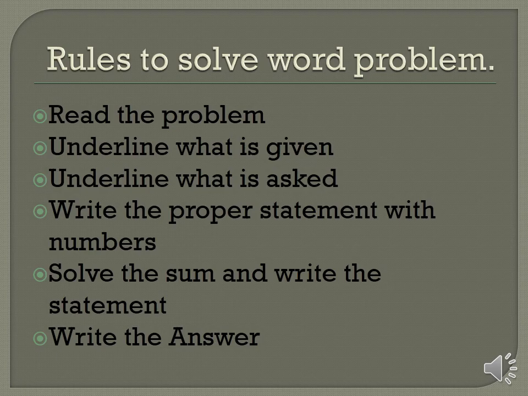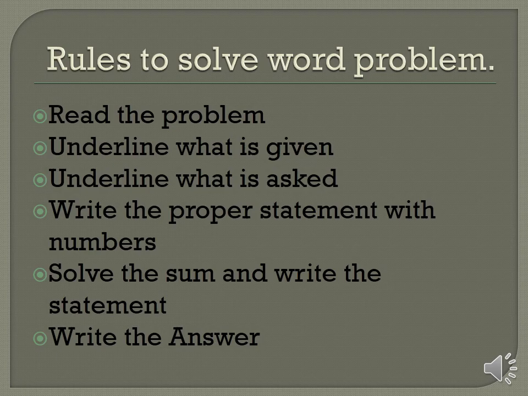Then the second one is underline what is given. So what all information is given in the word problem, we will find the numbers and underline them. Third one is underline what is asked. A very simple trick to understand what is asked is to read the last line.